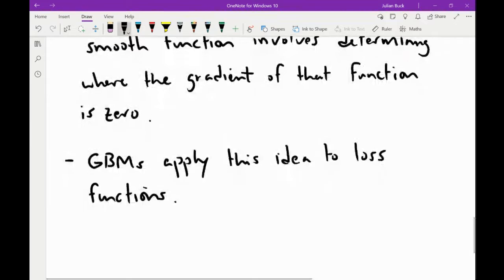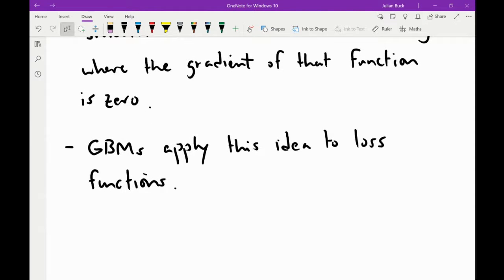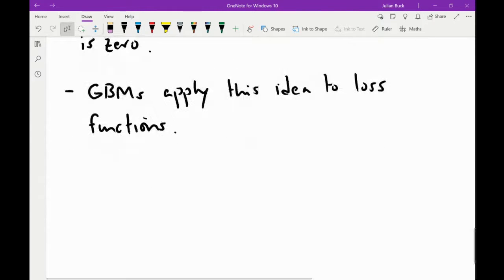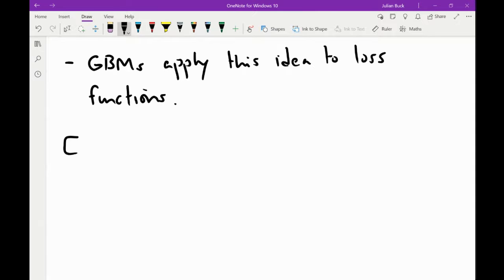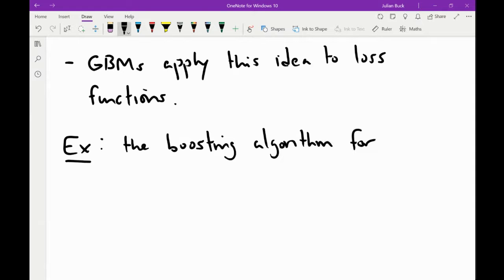Here's an example: the boosting algorithm for regression trees, which we discussed at the end of last class.